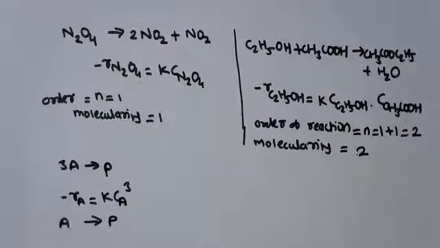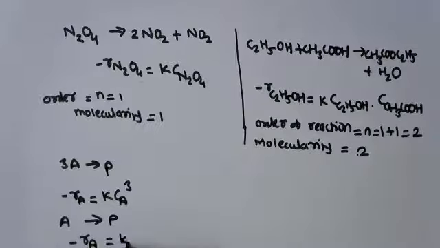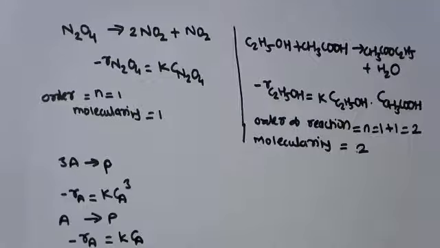If I say that the reaction is elementary, then you can write minus Ra is equal to K Ca. Now molecularity 1, order of reaction is equal to 1. So order is equal to molecularity, and therefore this is an example of elementary reaction.